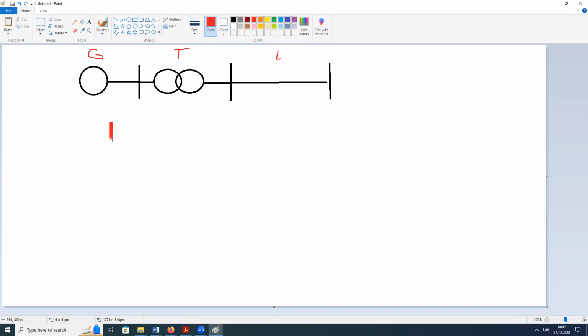We represent this using resistances and an electromotive force source, E. For a symmetric fault, this is enough because all three phases are connected together and we get everything the same in each phase.